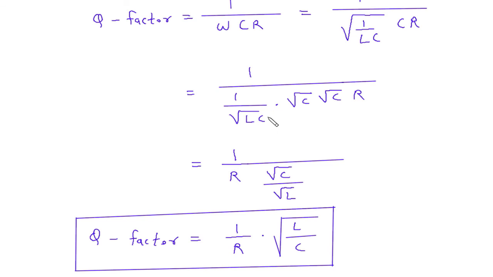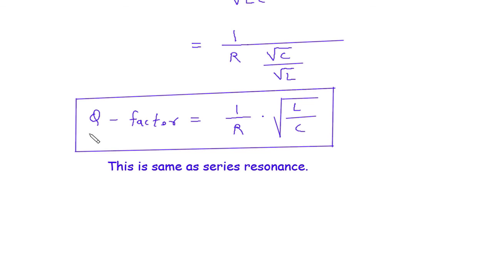So this C and this C will get cancelled. What remains is 1 upon R into under root of C divided by under root of L. Therefore quality factor is equal to 1 upon R into under root of L by C. This is the same as series resonance. In case of a series resonance circuit, the quality factor will be the same, 1 upon R into under root of L by C.